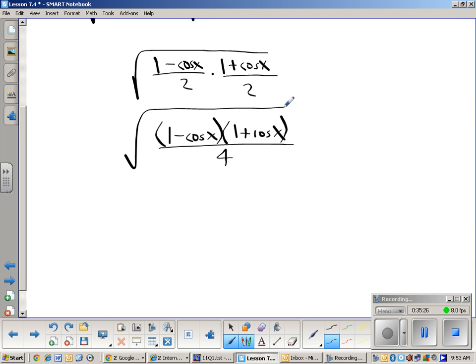Well, what is 1 minus cosine x times 1 plus cosine x? 1 minus cosine x squared. It's the difference of two squares, isn't it? So on top, I have 1 minus cosine squared x over 4. Okay?